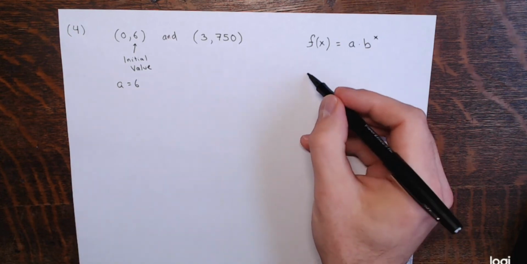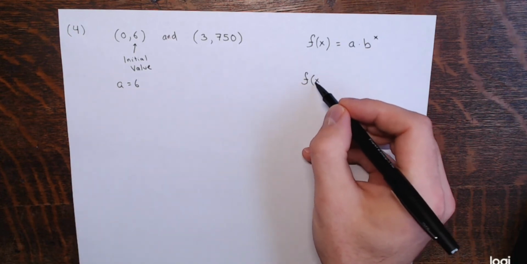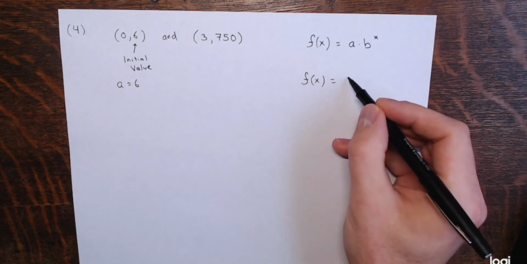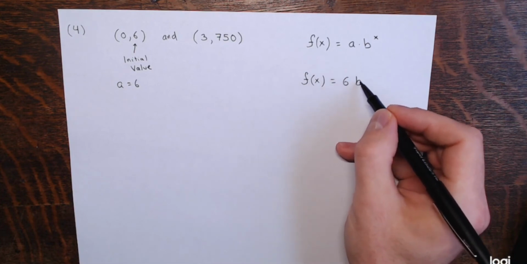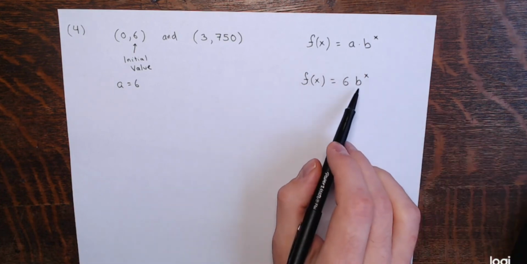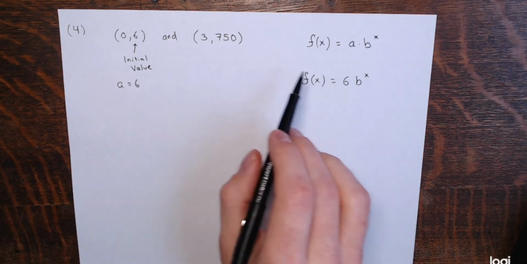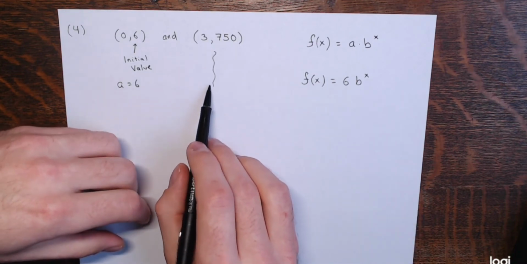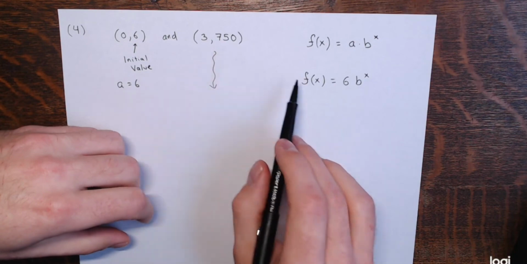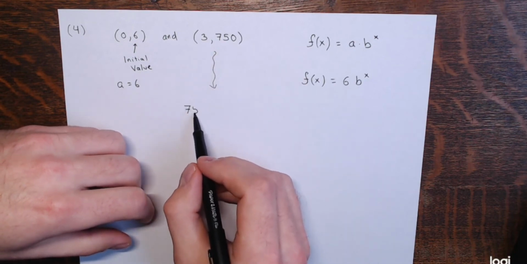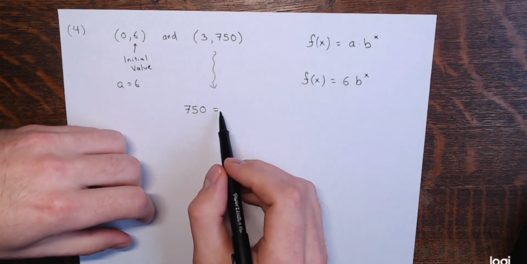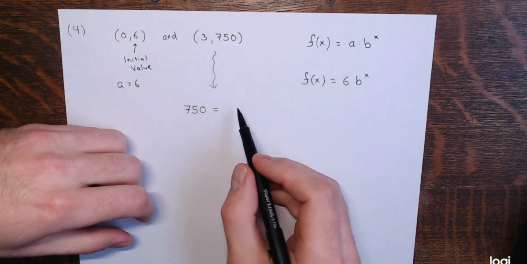So now we have f of x equals 6 times b to the x, and now we just need to find b using the other point. So output is 750. I'll put that on the left. Replace f of x with 750, and replace x with 3. So 750 equals 6 times b cubed.